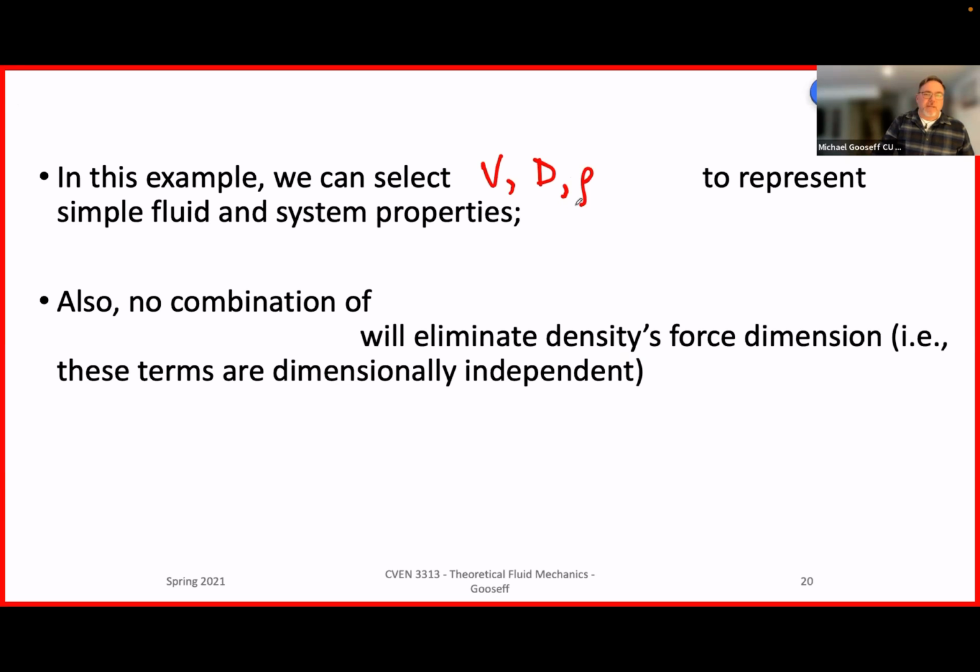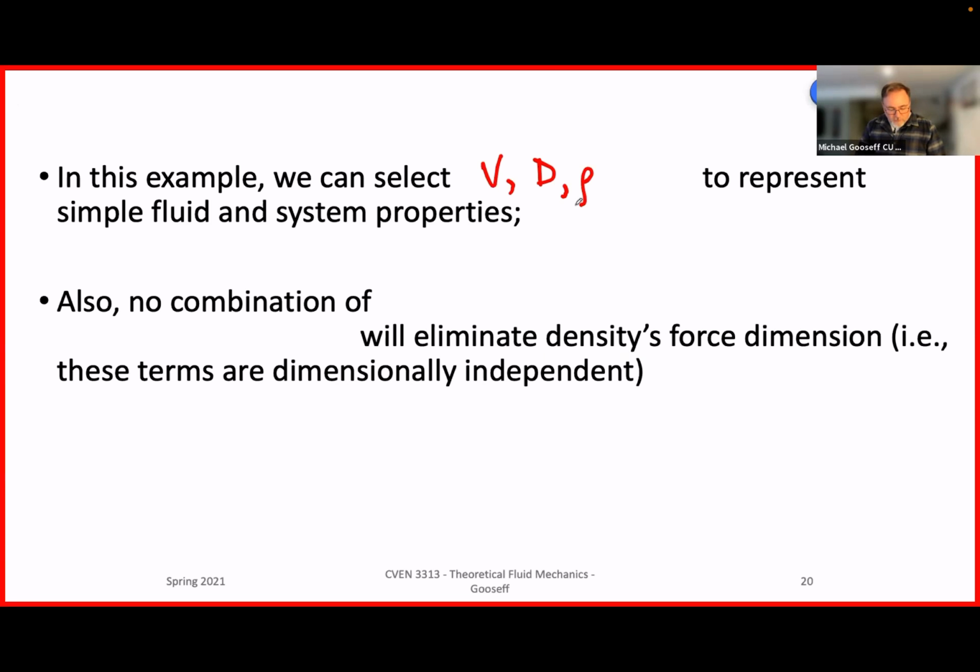Hard to say. I mean, rho has F, L, and T all included, but these are pretty simple to deal with. All right, so V and D in particular, compared to rho and mu, are the simplest. In this case, we've chosen rho as a fundamental simple variable over mu.